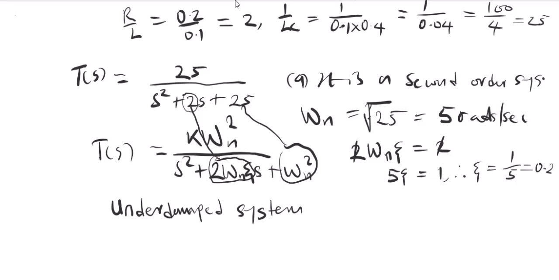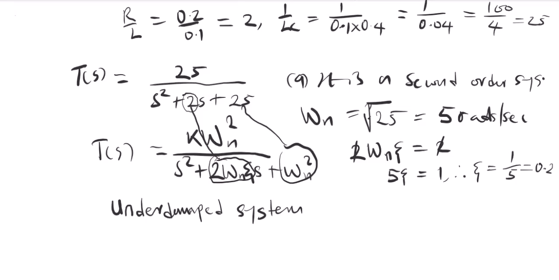If it is above 1, it's over damped. If it is equal to 1, it's going to be critical, critically damped. But if it is 0, there's no damping at all, it's undamped. So just to remember, once it is below 1, from 0.1 to 0.99999, it's an under damped system.